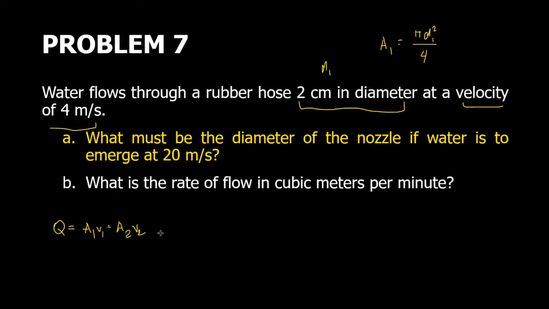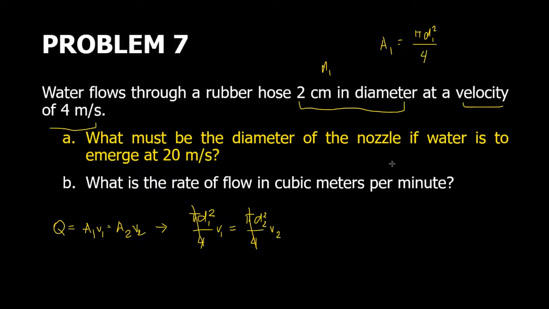Okay. So ang A2 naman, that's pi D2 squared over 4. So express natin yun sa ganang expression. Pi D1 squared over 4 times V1 equals pi D2 squared over 4 times V2. Magka-cancel ang pi per 4.